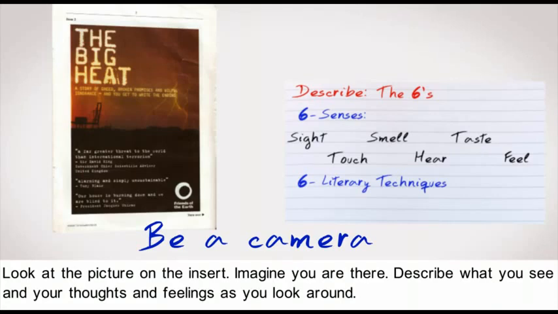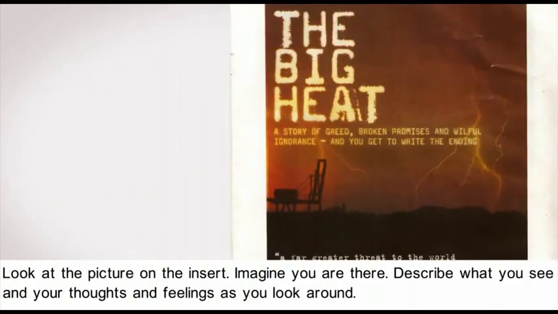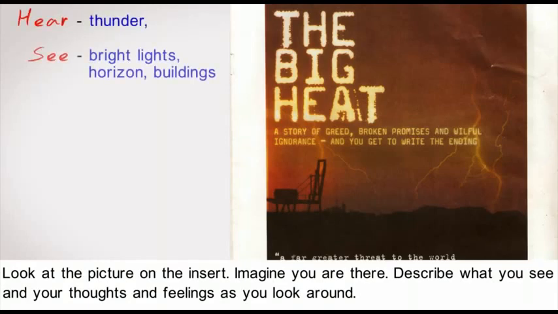So if we take the insert mentioned earlier, if this was the actual question, imagine you are there. So I might put my sensory writing. What can I hear? Well, I can hear the cackle of thunder. What can I see? I can see the bright light of the lightning. I can also see the kind of murky horizon.